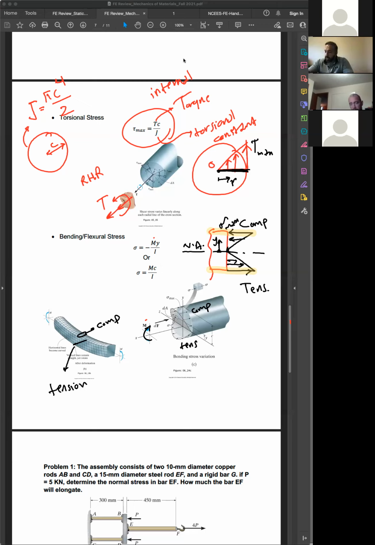Do not forget that. So you're going to find the answer from this formula. If sigma becomes more than 0, that side would be under tension. If sigma is less than 0, that side would be under compression. So this M has a positive or negative sign, this y also. This I is constant, always positive.